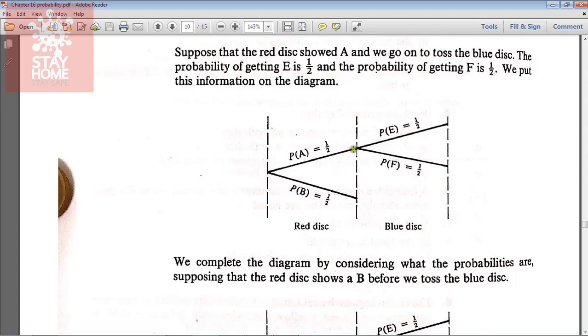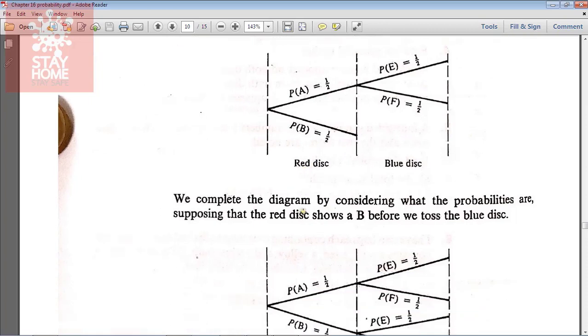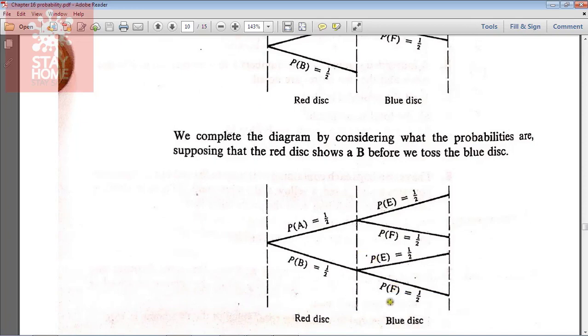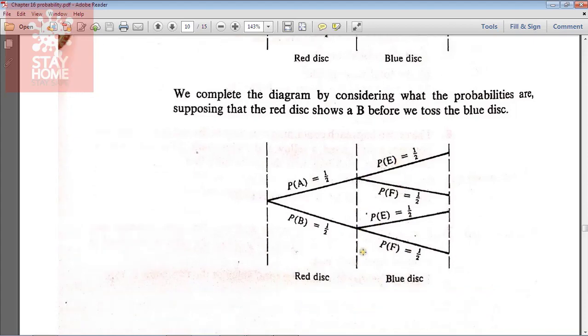So in this way you can join these, and if you do another event, it can be extended more. We complete the diagram by considering what the probabilities are. See here, probability of A and B on the red disc, and the blue disc, probability of E and F joining.